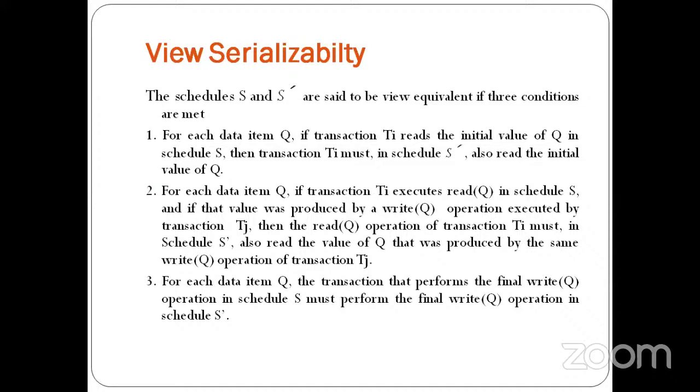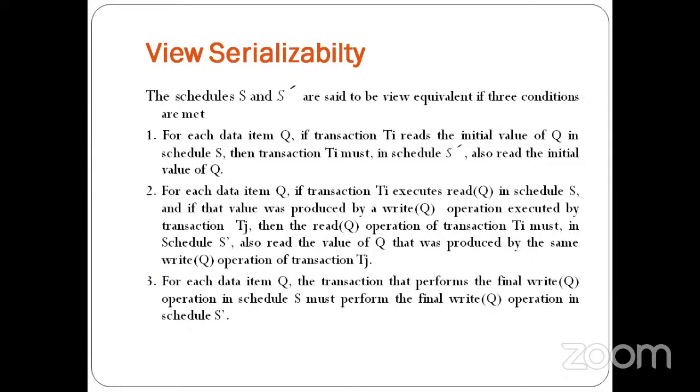The transaction Ti should read the initial value, and then in schedule S dash it must also read the initial value of Q. Next, after reading data item Q, the read Q operation of transaction Ti must read the value of Q produced by the same write Q operation of transaction Tj.